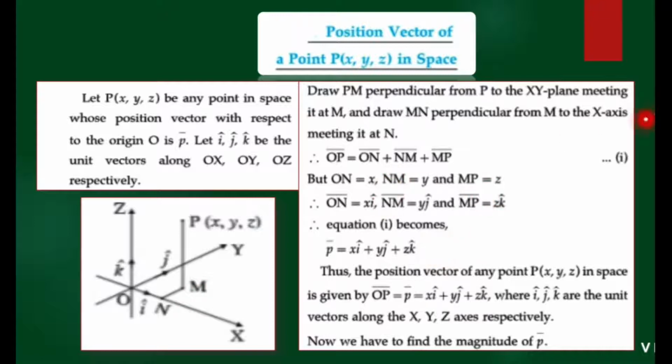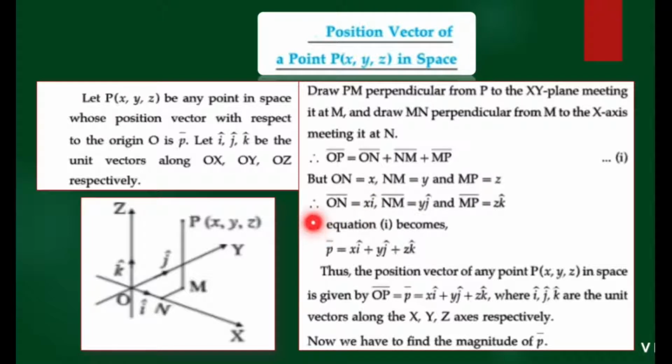See, draw MN perpendicular from M to the x-axis, meeting it at N. Therefore, OP bar equals ON bar plus NM bar plus MP bar. So OP can be calculated by adding vector ON plus vector NM plus vector MP.